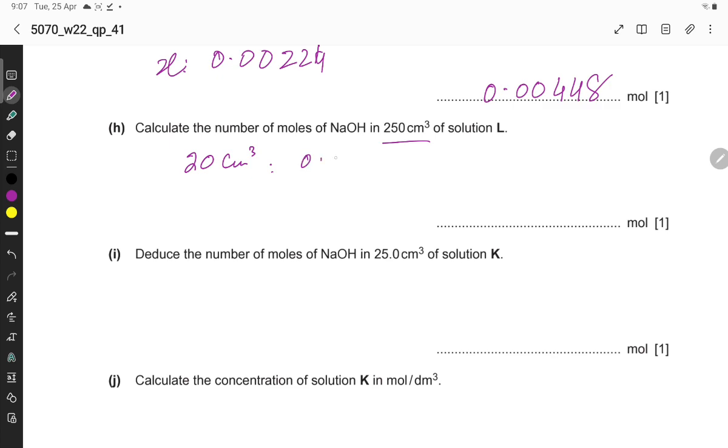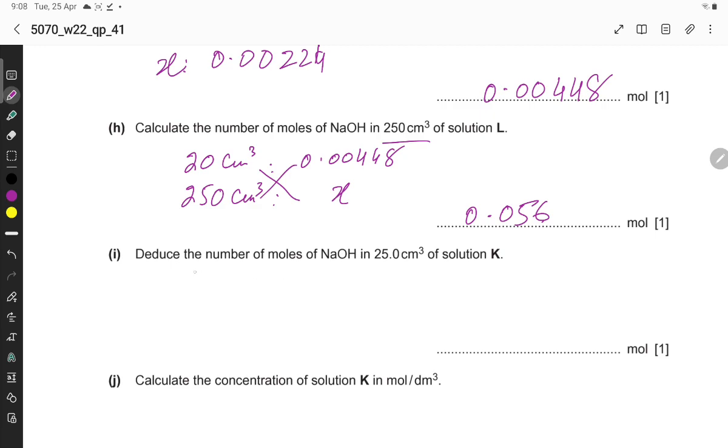This contains 0.00448. 250 centimeter cube containing X. Cross multiply and we get 0.056.